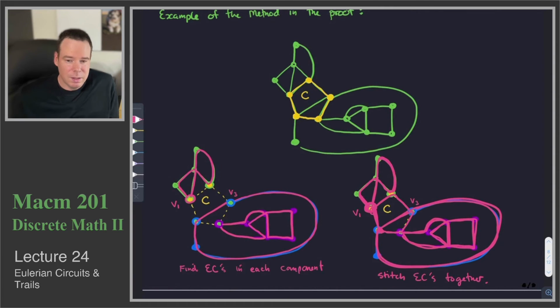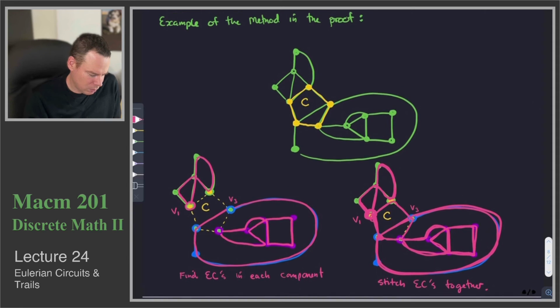So this is the idea that we are going to describe in our proof. Find a cycle, remove the edges, look at the components, use the induction hypothesis to find the Euler circuits on the components, then stitch them all together with that cycle, linking all of these components together. So that's what we're going to do.